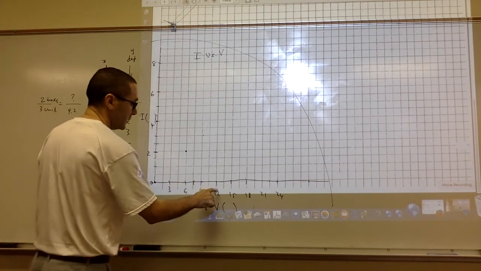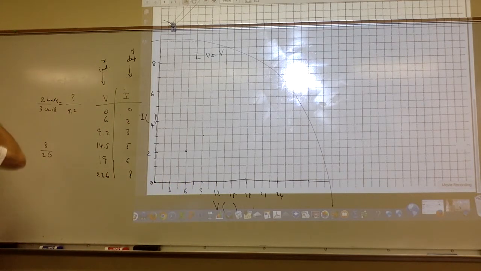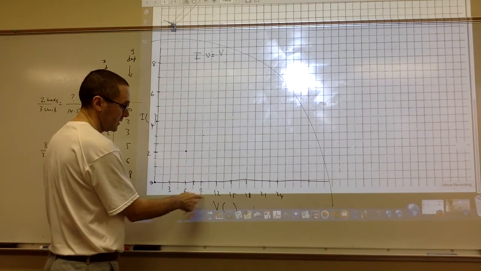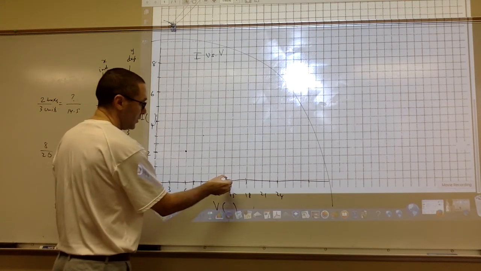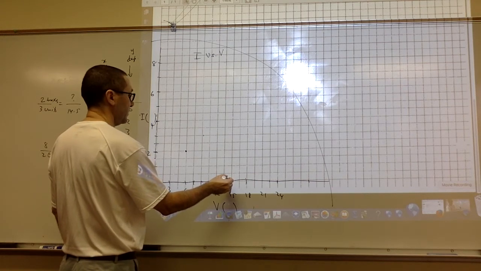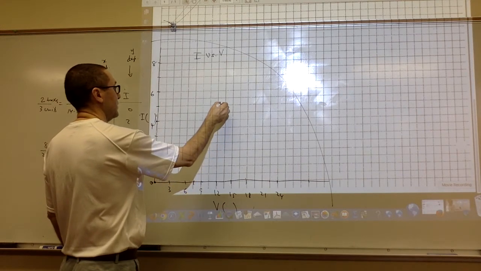14.5. So we need to make 14.5 here. So it's 14.5 times 2 divided by 3. So it's 9 2/3. So 2, 4, 6, 8, 9 2/3. So that's 14.5. That corresponds to 5. If I can see this, that's 4, that's 5.